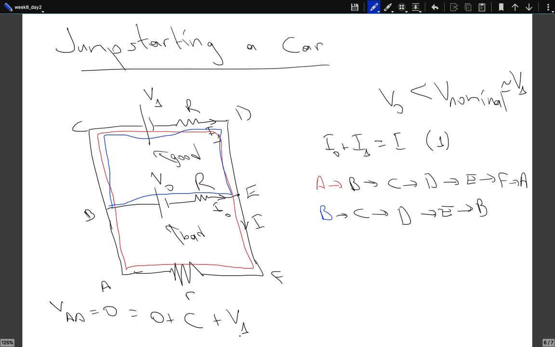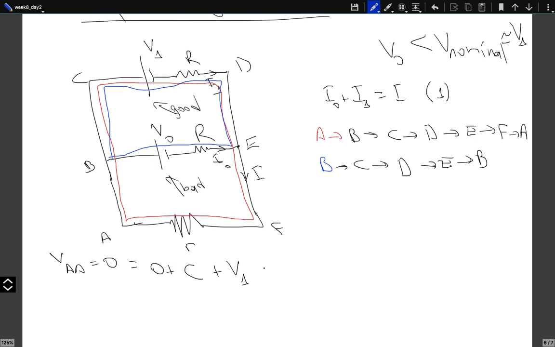From that point to the point D, minus I1 times R. Why minus? We are going with the current, and the current always runs from the higher potential to the lower potential across a resistor.